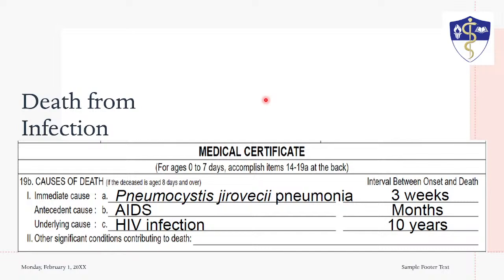It was identified that it is Pneumocystis jirovecii. I think that I pronounced that correctly. Pneumocystis jirovecii pneumonia. Once you identify that it's a Pneumocystis, you're going to think, oh God, this is an immunocompromised patient. It's going to take a lot to ask the surviving members whether the patient had AIDS.